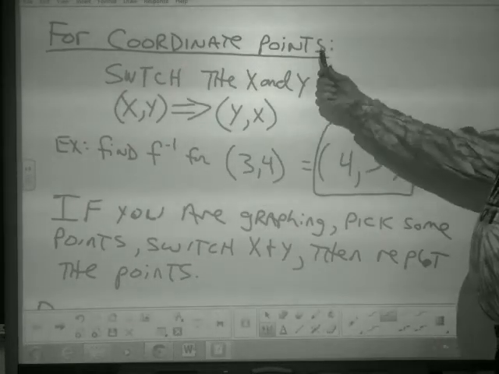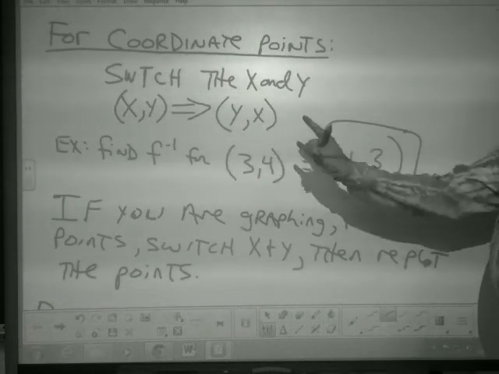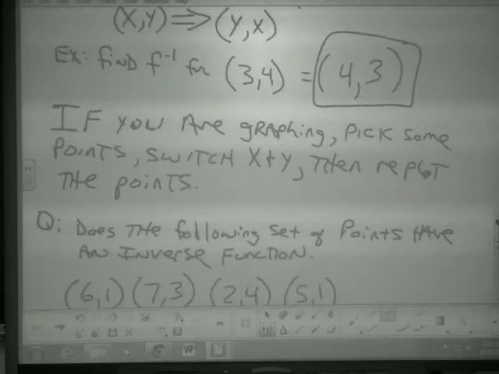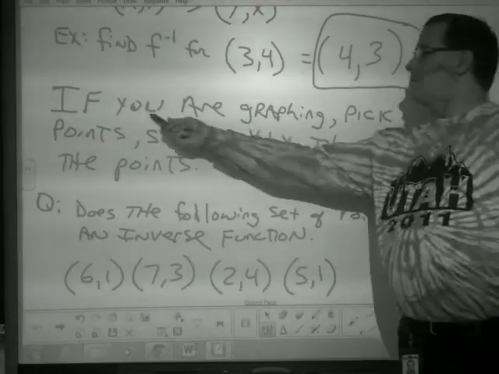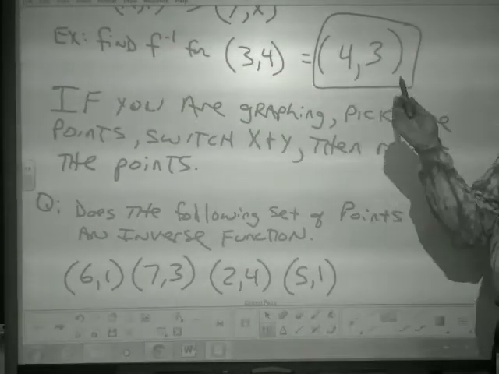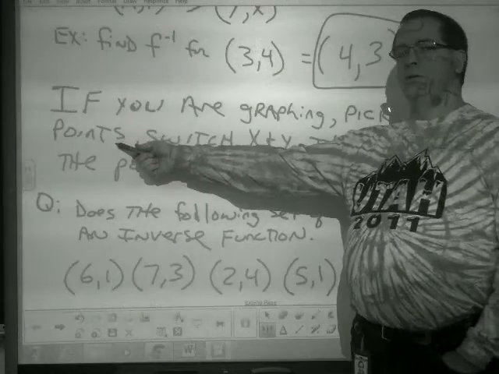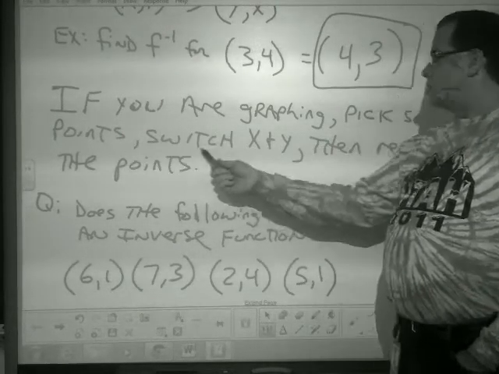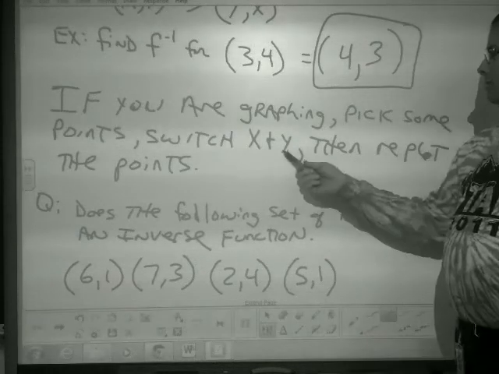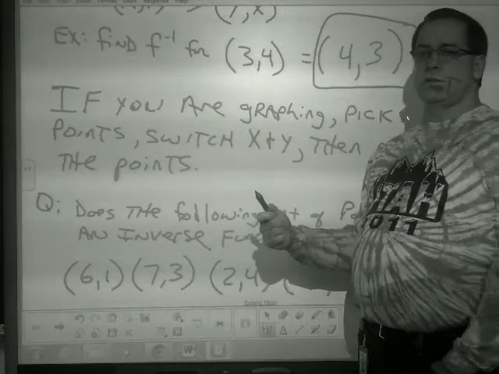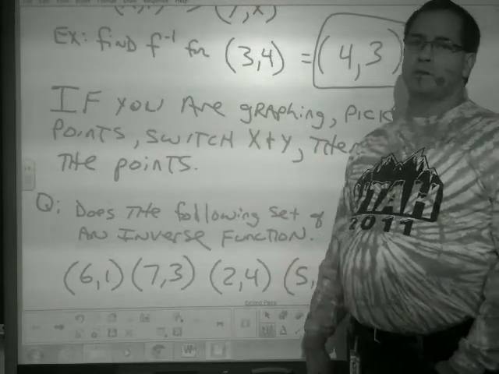And since finding the inverse of coordinate points is just switching them around, if you have a graph, sometimes it's not easy to visualize the reflection. Pick a few points, switch the x and y values, then replot the new points, and you will have created the inverse.